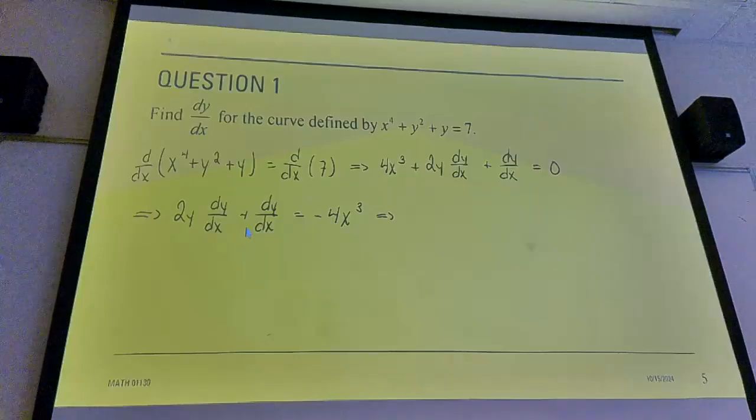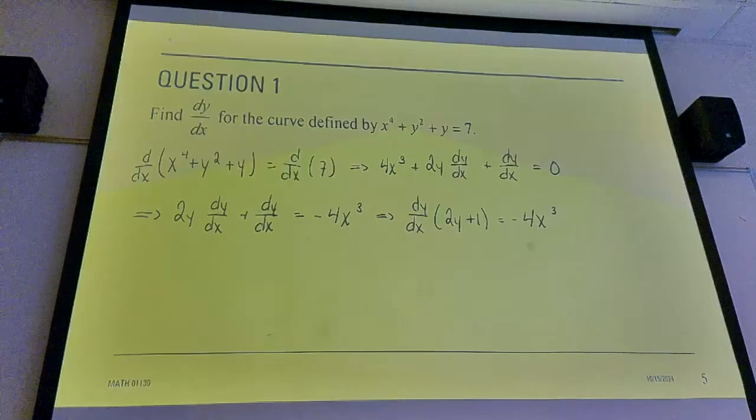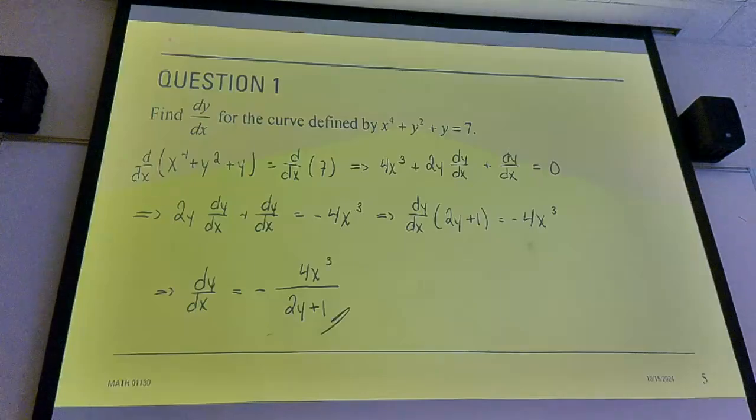First, factor out that dy/dx. And then divide by 2y plus 1. There's dy/dx.